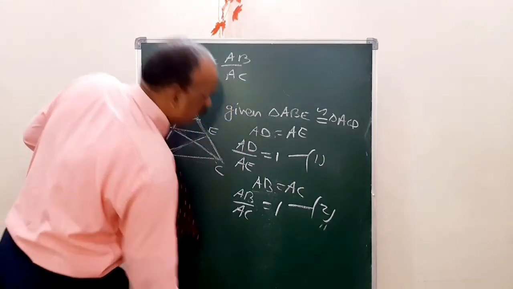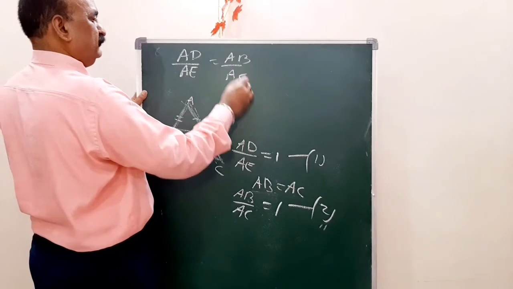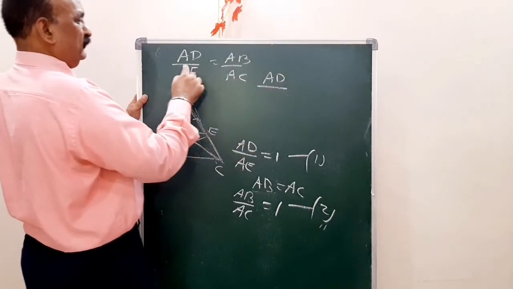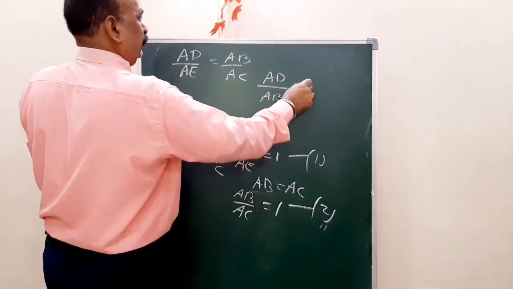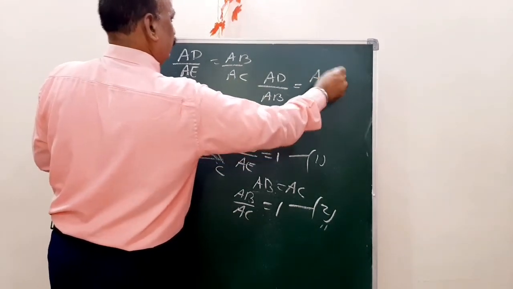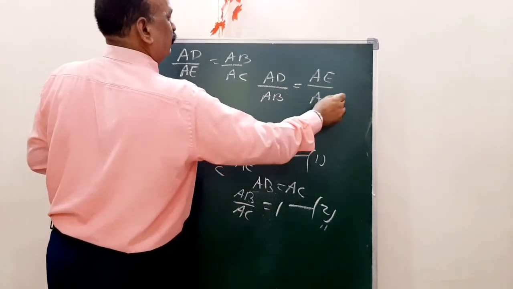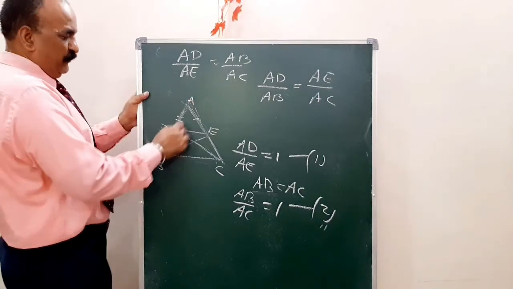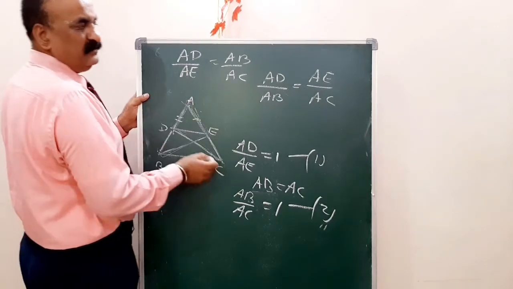It means you can write AD upon AB is equal to AE upon AC.